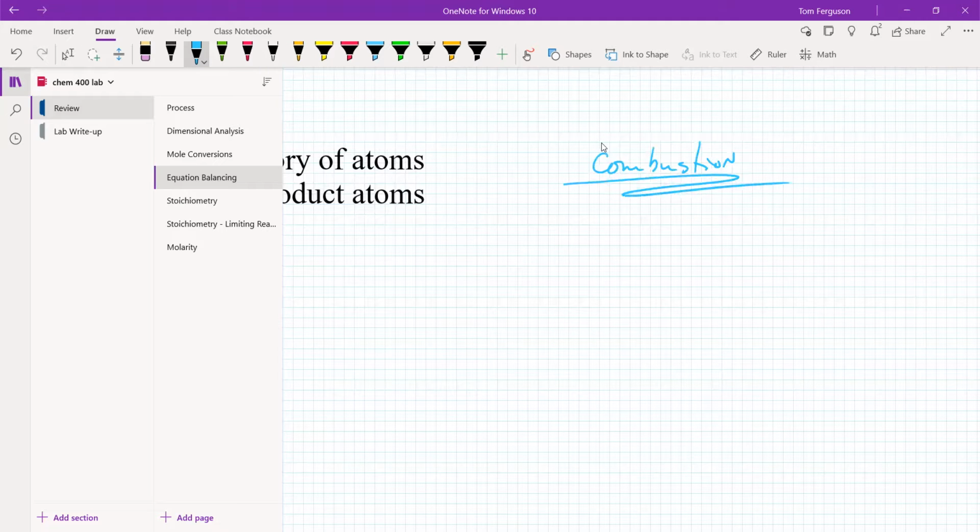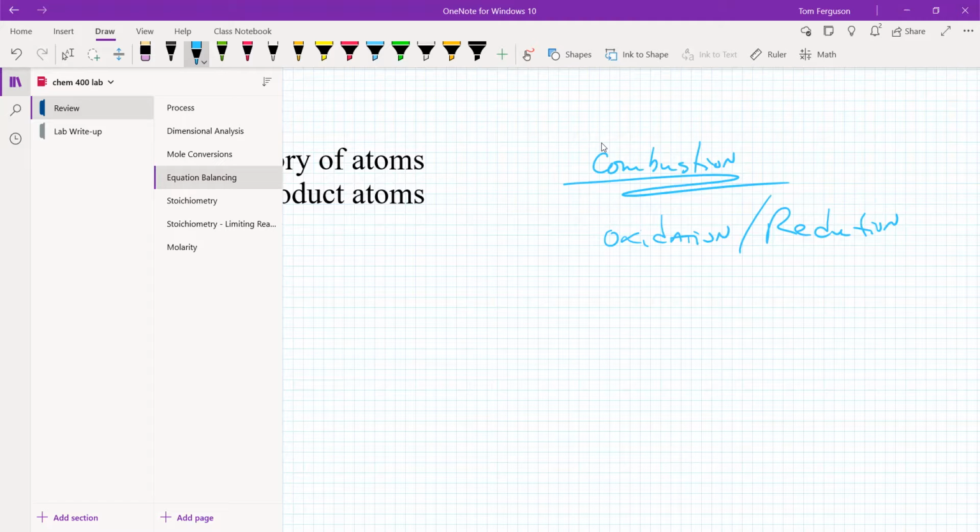Now you're going to get into the 6 types of reactions in a unit in Chem 400, and you should have covered that in Chem 300. But there's 6 types of reactions. One of them is oxidation reduction, and combustion is a form of oxidation reduction.